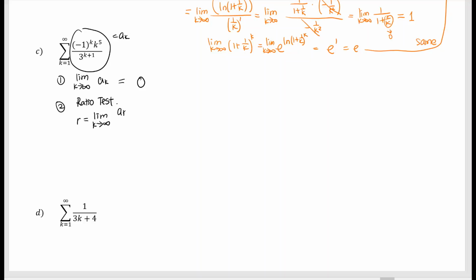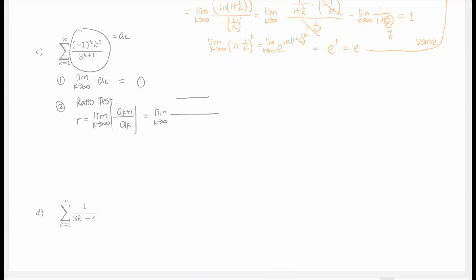So this is a sub k plus 1, a sub k, and then the absolute value. Here, actually, the absolute value is useful, because with the help of the absolute value, the minus 1 to the k just becomes 1. So a sub k plus 1, we replace k by k plus 1.